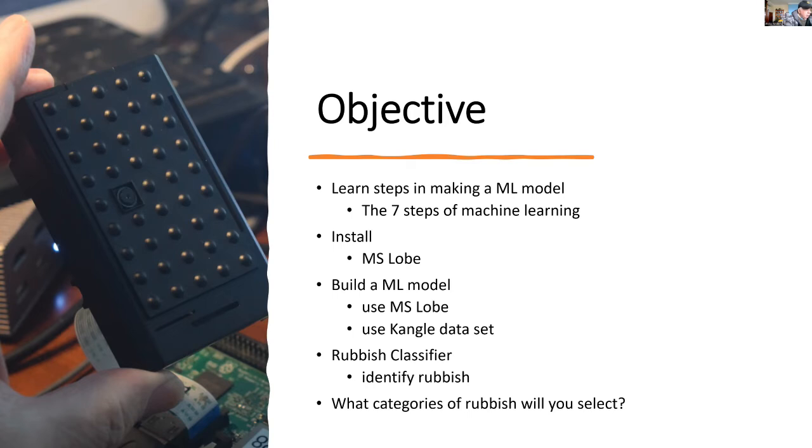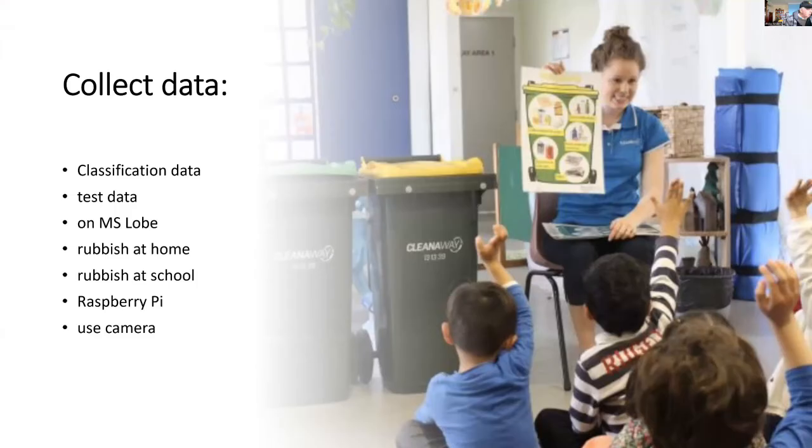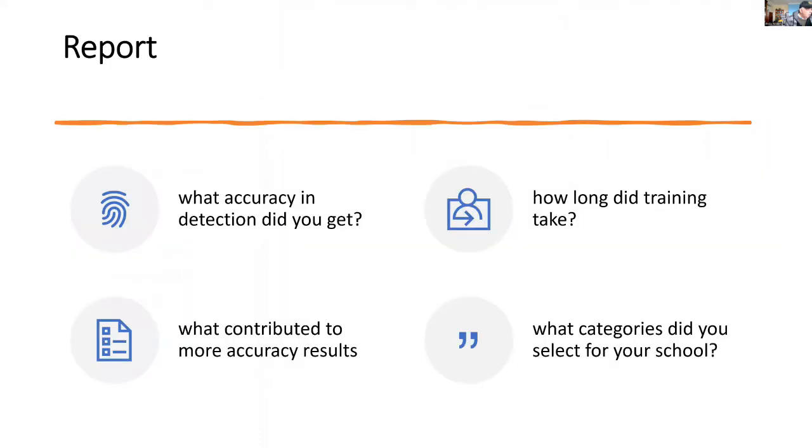And I'm only going to use about 3 steps, but Google recommends 7 steps that you should go through for machine learning. And I've got the references of a Google tutorial on that. Okay, so we'll go on to the next step, collect the data, and we'll be ready to report.